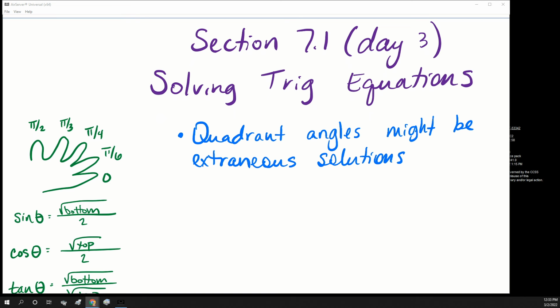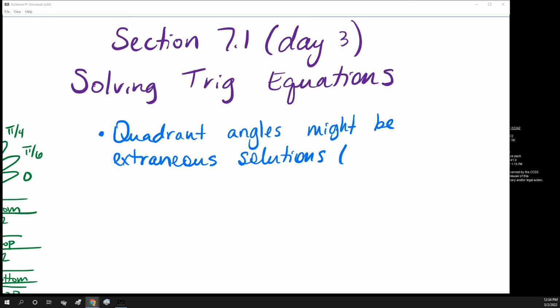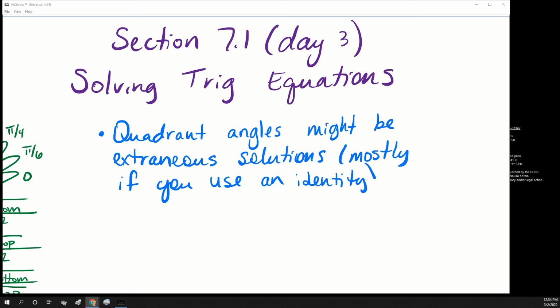This is particularly true whenever you have to use an identity. So if it's a quadrant angle, always check to make sure it's not extraneous. But it really happens mostly if you use an identity. So just try to keep that in mind. We haven't had to do that before because we've only done sine and cosine.